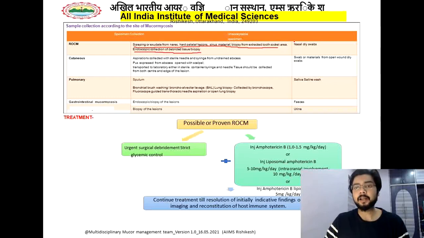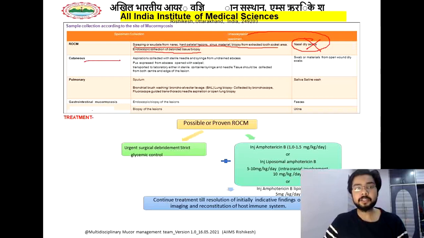An unacceptable specimen is a nasal dry swab. Nasal dry swabs are not accepted. You have to give multiple specimens, one from exudate from the nose, from the nares, and that should not be dry, it should be wet.